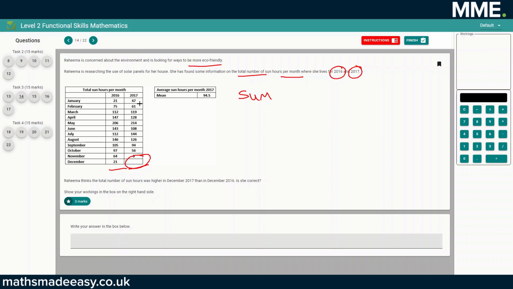So in this instance, we just add up all the values for 2017 divided by the total number of values, which is 12 months of the year, and that would give you the mean value. But in this case, we don't have all the values given in the table.